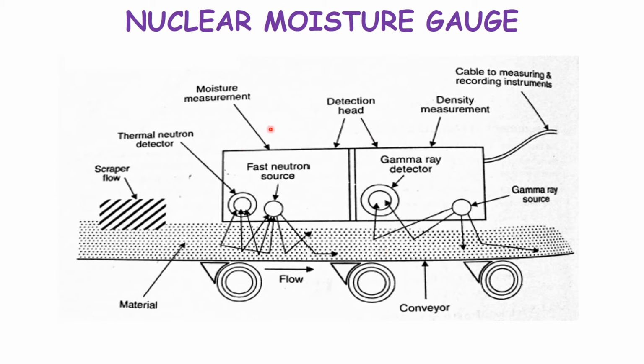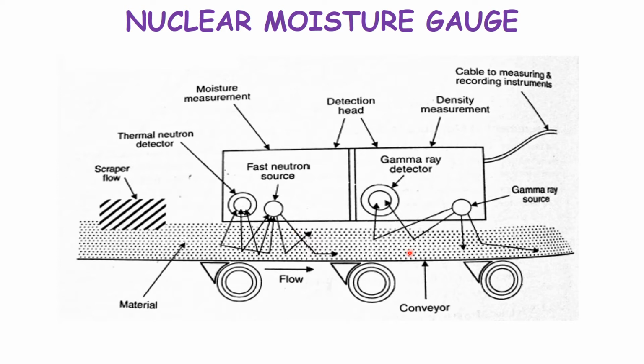In order to measure your moisture, we need a fast neutron source. In order to measure your density, we need to have a gamma ray detector. Whenever you have to separate the moisture, we use the fast neutron source to detect it.